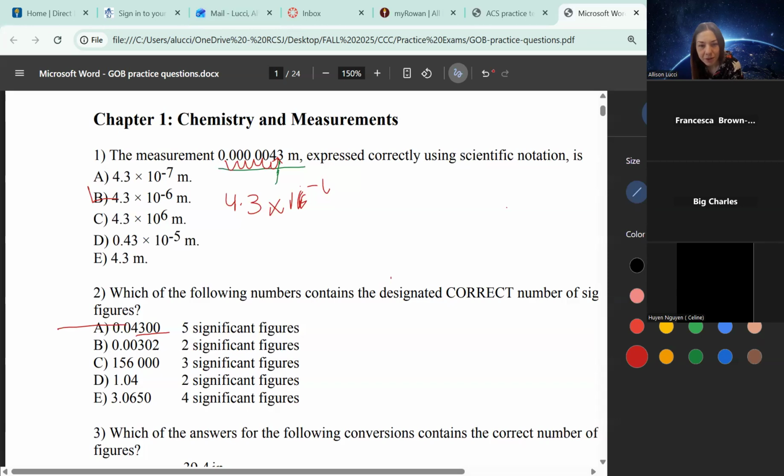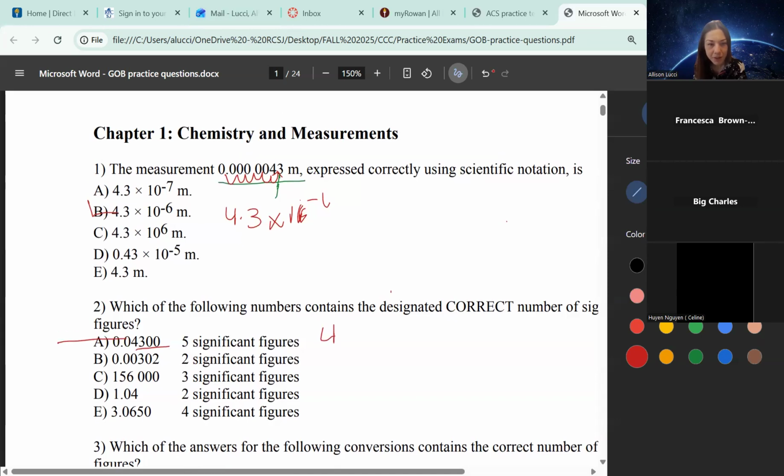So in this first number here we would have 4 sig figs. The second, same rule applies for the zero rules. Leading zeros, not significant. We don't have trailing zeros here, but I do have this sandwiched 0. So not only the 3 and the 2 are significant, we would have 3 sig figs here.